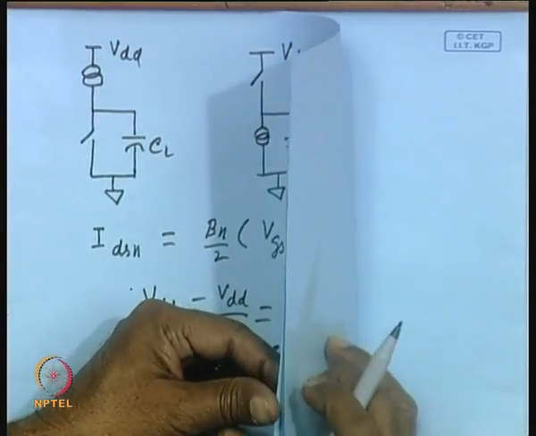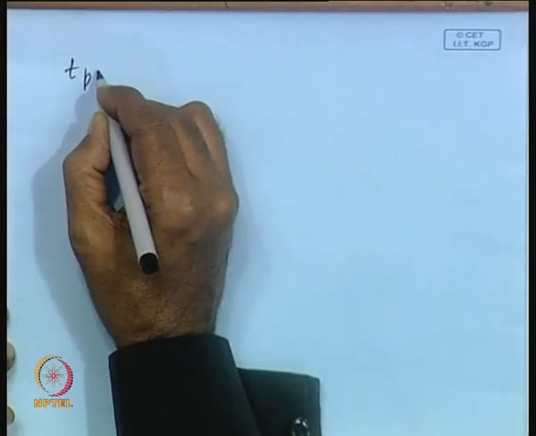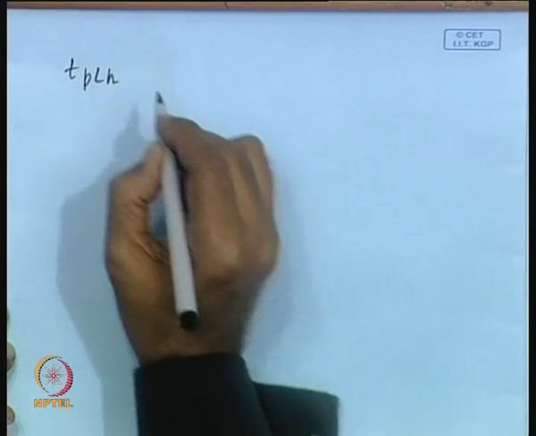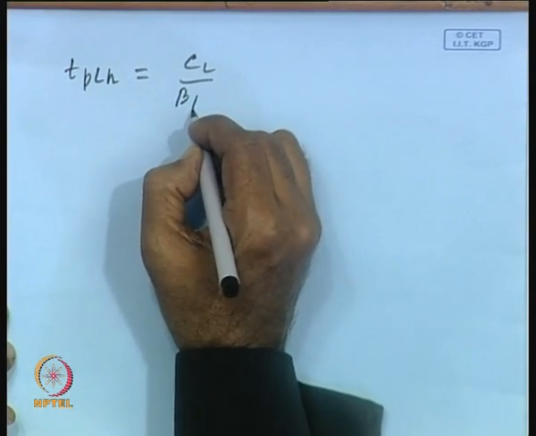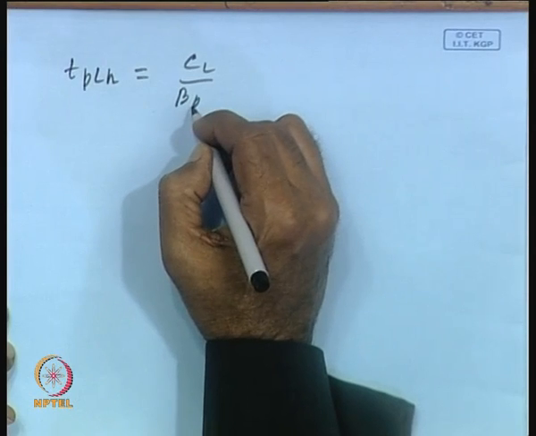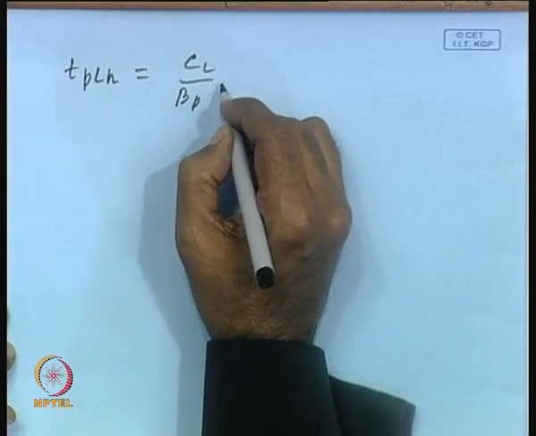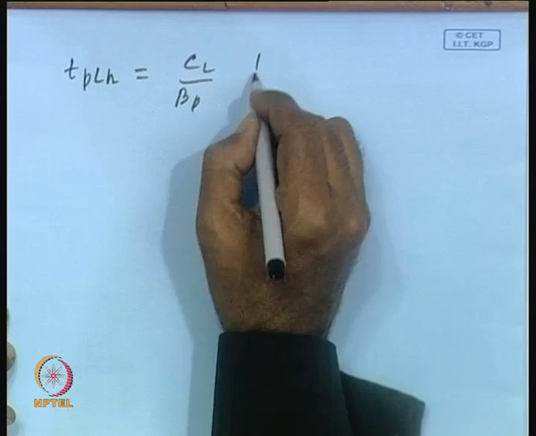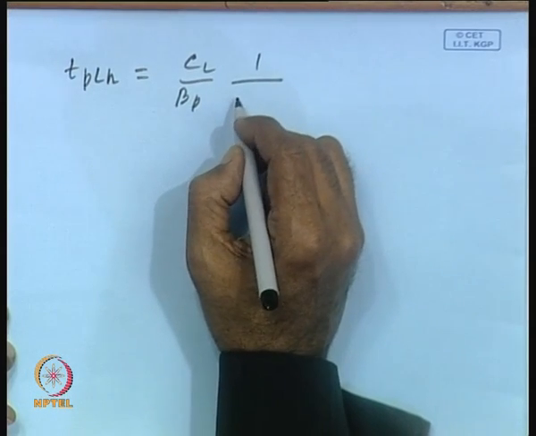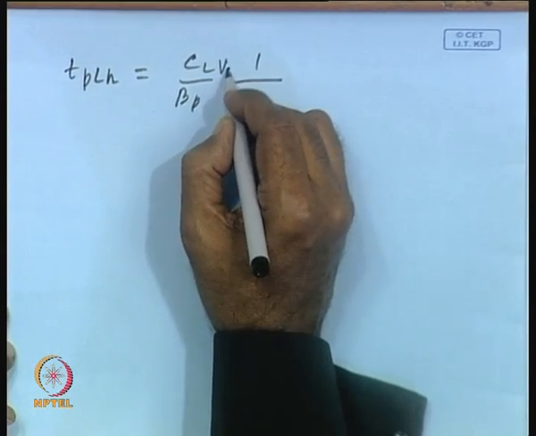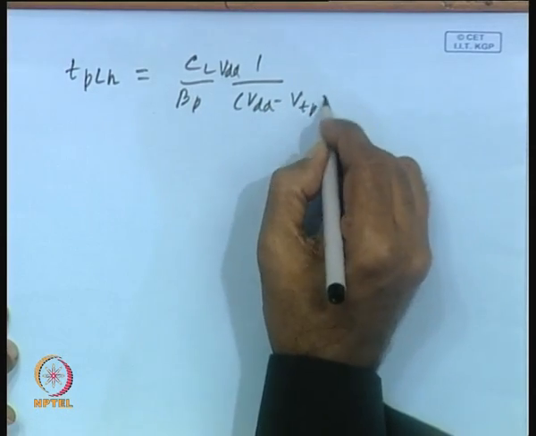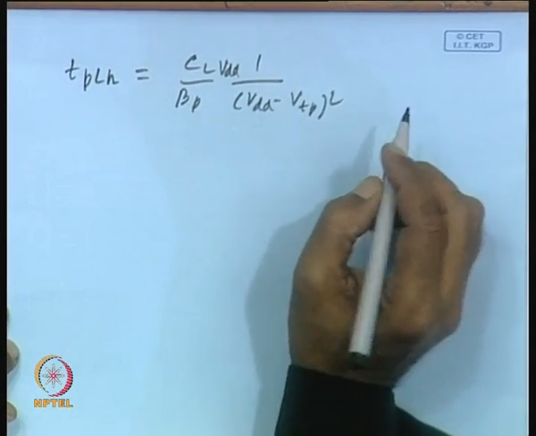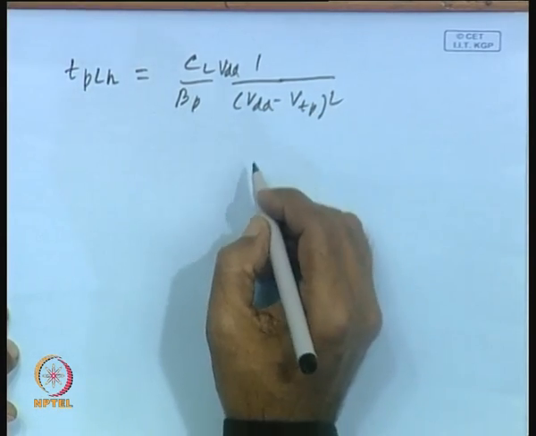So, we can write down the expression for Tp low to high is equal to CL by beta p, where beta p is equal to Kp Wp by Lp, into 1 by (VDD minus VTP) square. Okay. So, this is the expression that we can write.